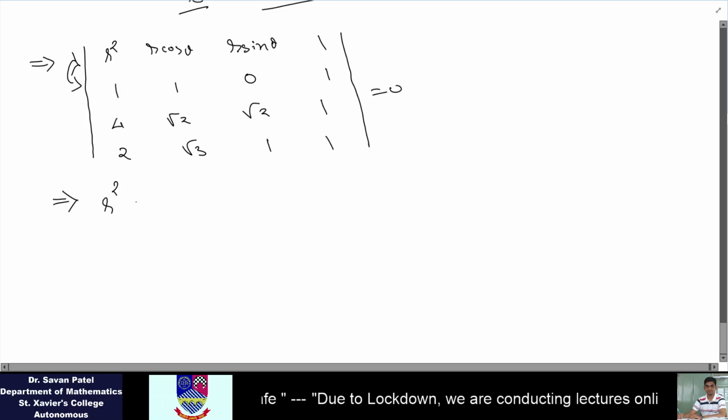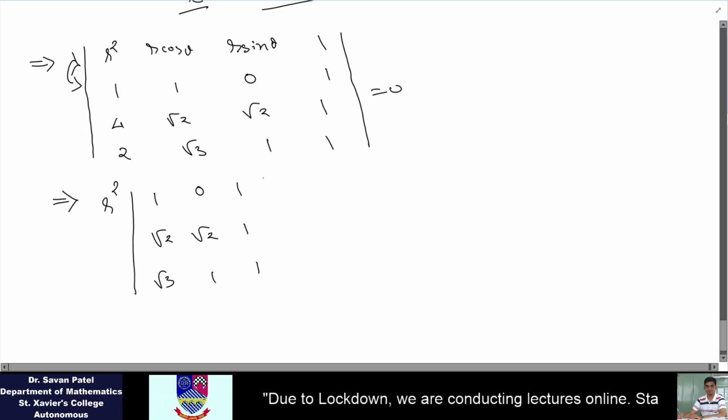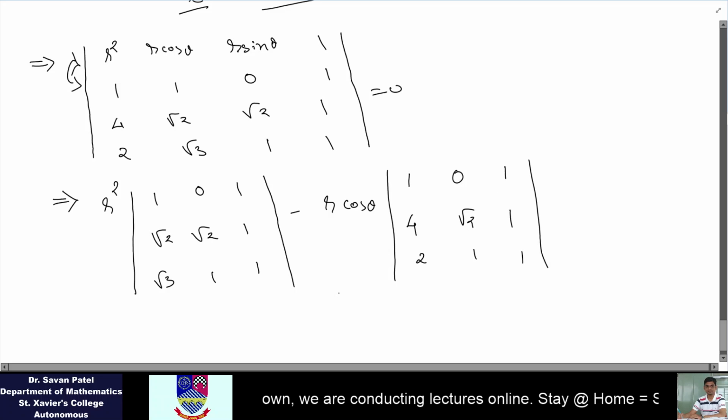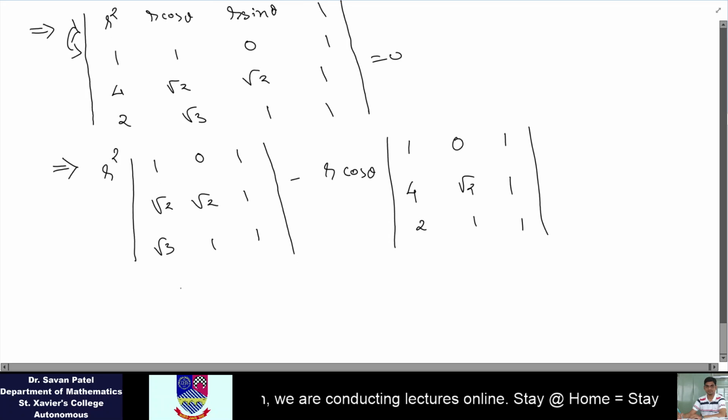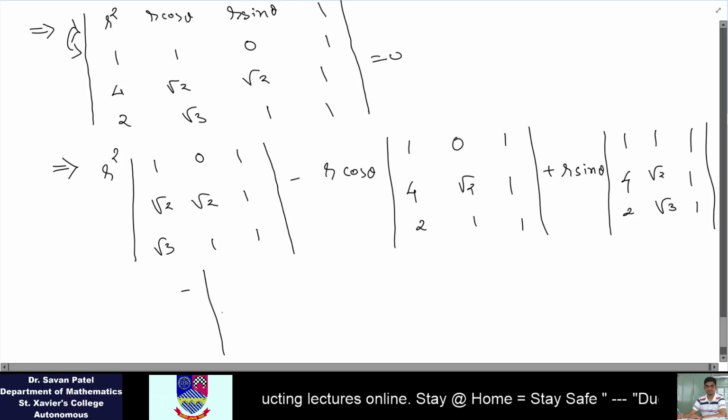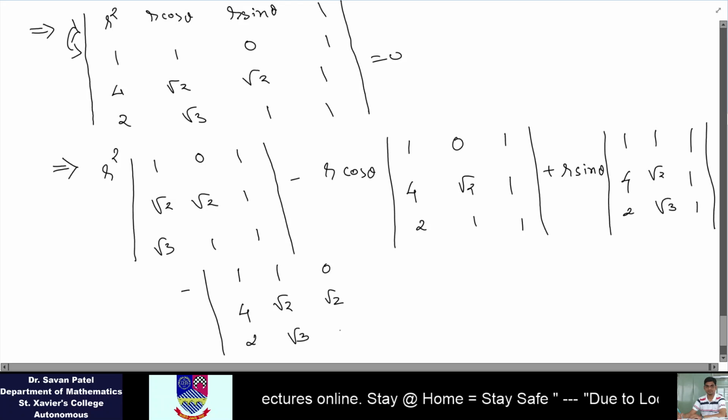So r square times the determinant of 1, 0, 1; 4, root 2, 1; 4, root 3, 1, minus r cos theta times the determinant of 1, 0, 1; 4, root 2, 1; 4, root 3, 1, then plus r sin theta times the determinant of 1, 1, 1; 4, root 2, 1; 4, root 3, 1, and finally the constant is 1 times the determinant of 1, 1, 0; 4, root 2, root 2; 4, root 3, 1. That determinant is 0.